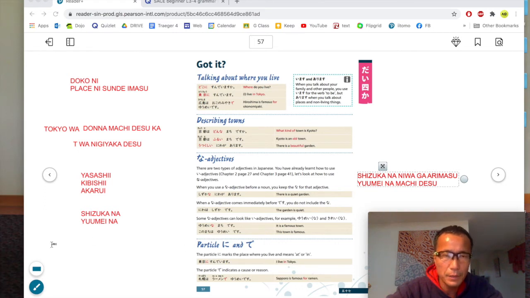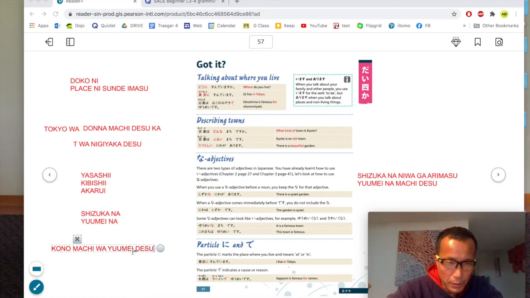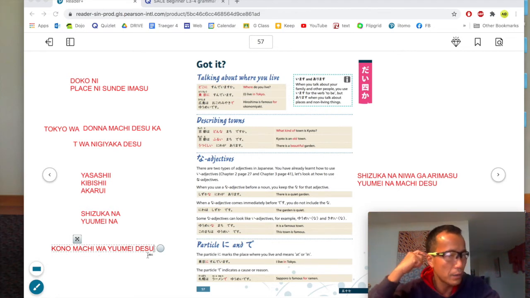Now, I don't want to confuse you, so let me show you an example, which is this one. この町は有名です。Note that in this sentence, この町 is the topic, with は, then 有名です。And 有名 is not followed by a noun, it just finishes with です。So this is why you do not need な.